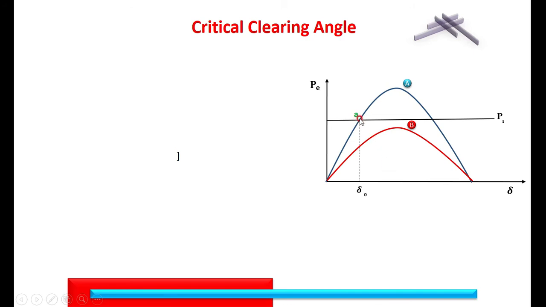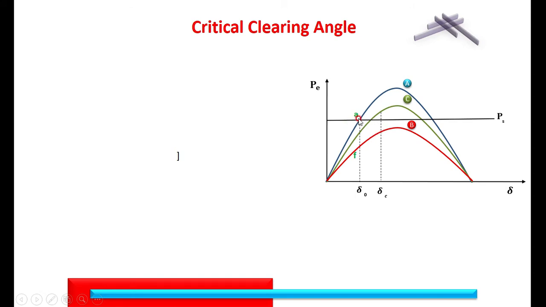Therefore, my operating point, which is operating at A, because of the fault occurring, will shift from A to F. Then the operating point will move along the curve B. After some time I am clearing the fault and the power angle curve is shifting from B to C. That is, the reactance is a little bit decreased. Then it is shifting to the curve C. At this particular point I am clearing the fault.